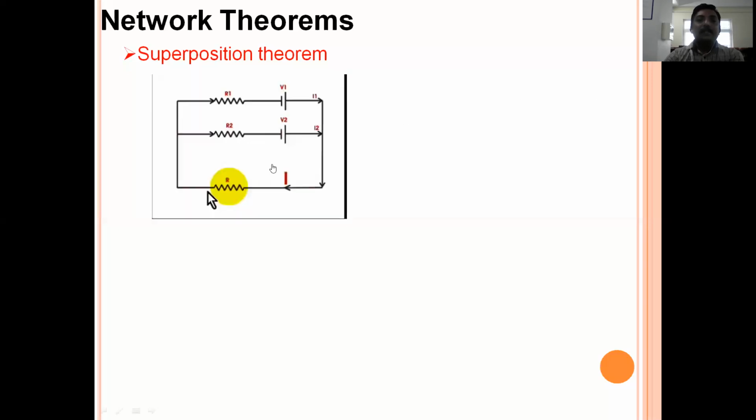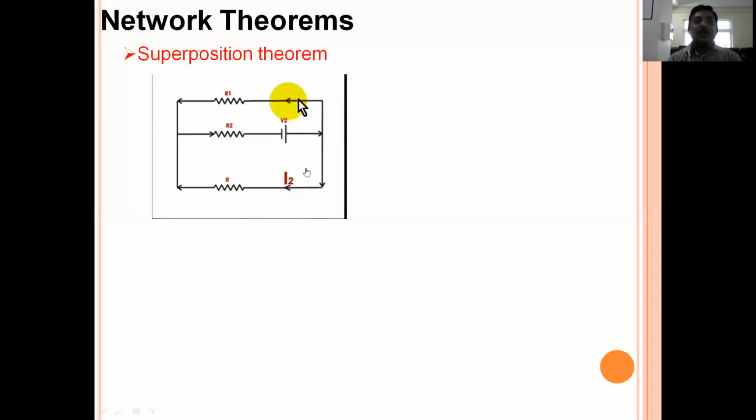Similarly, as the next step, we assume that only the voltage V2 is activated and V1 is inactive. In that case, let the current be I2. So I2 is the current due to the voltage source V2 acting alone, with V1 inactive.